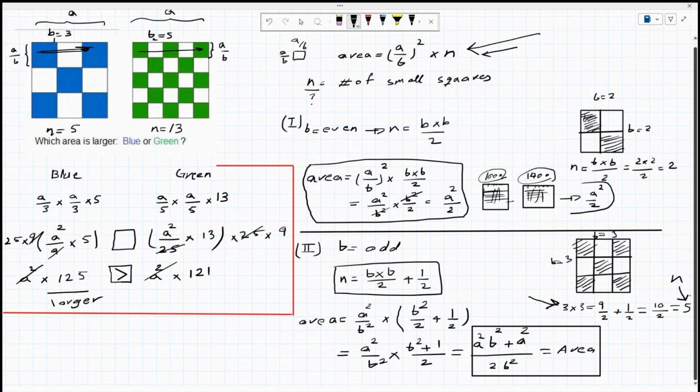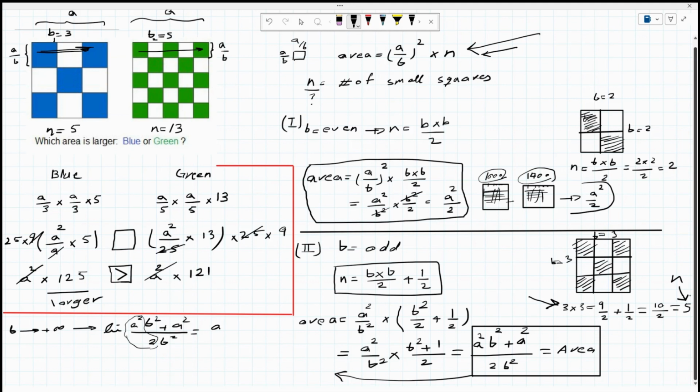And I'm going to write the rest of my explanation here. As you see here, when b is a very, very big number, in that case, the limit of (a²b² plus a²) divided by 2b² equals, if b is very big, we only consider this coefficient here.